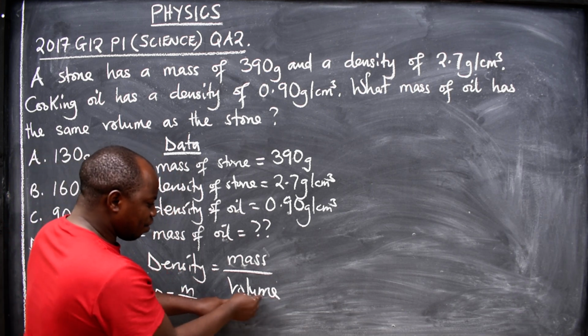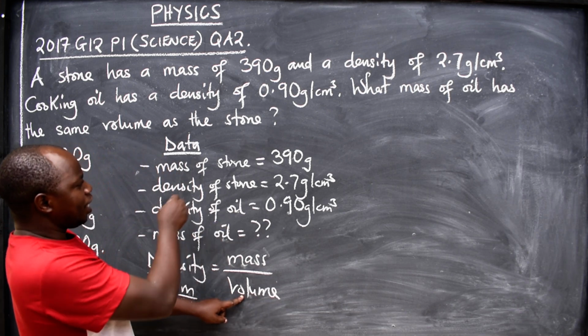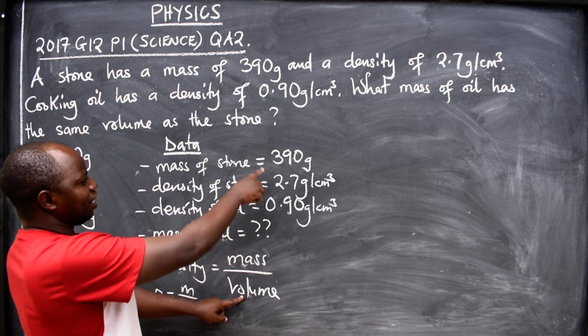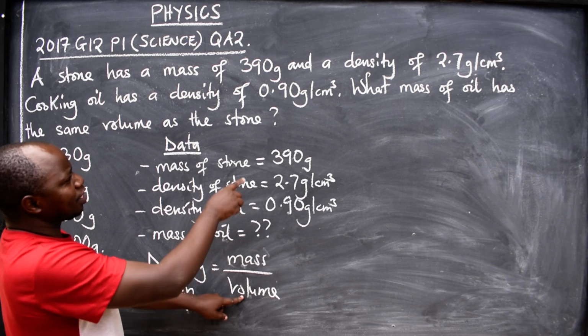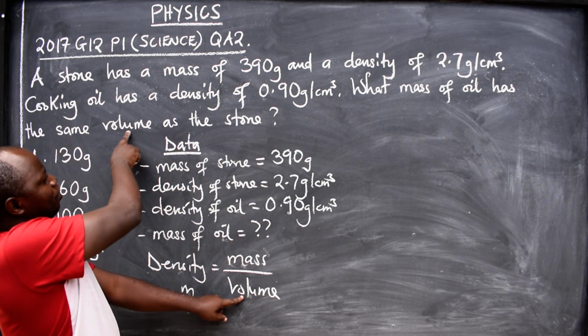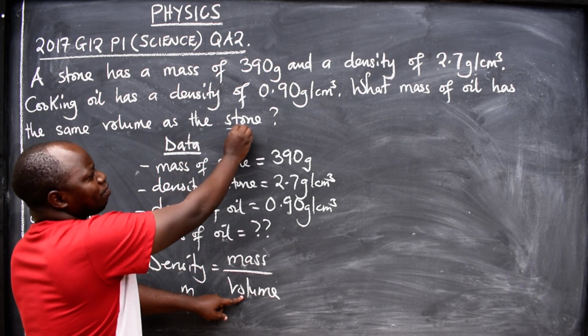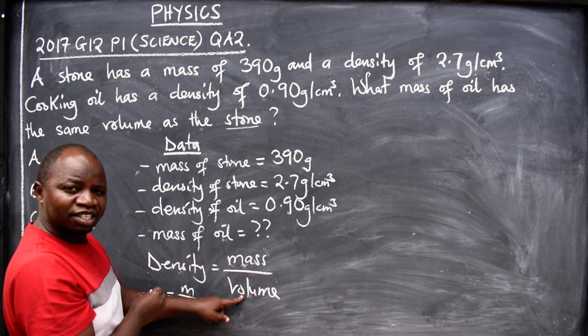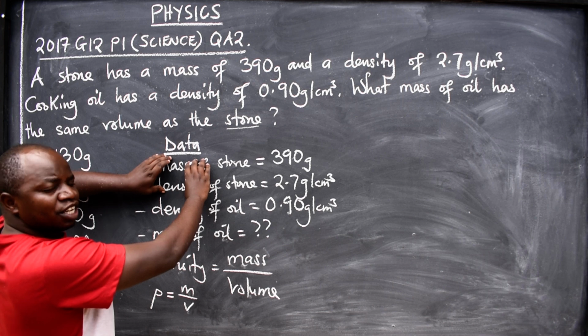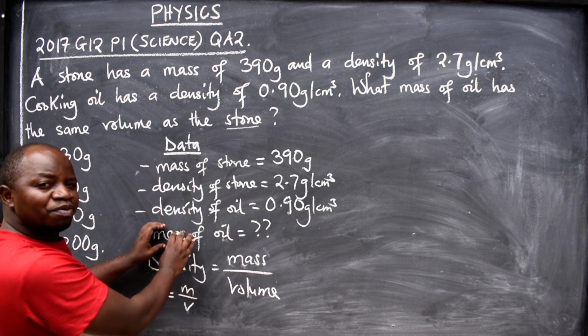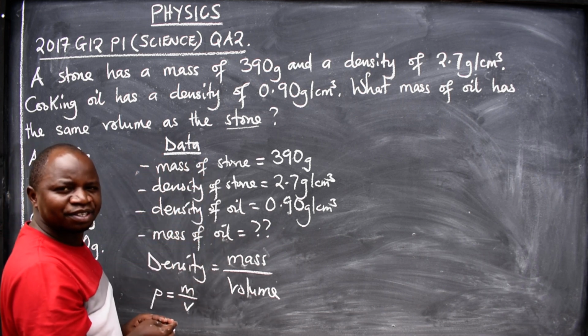Do I have the volume of oil? We have no volume. But we are told that the volume is the same as the volume of the stone. So the volume of the stone will be the same as the volume of the oil.